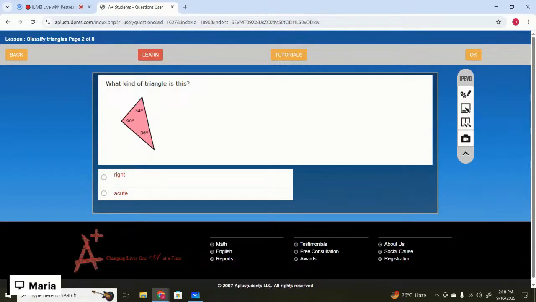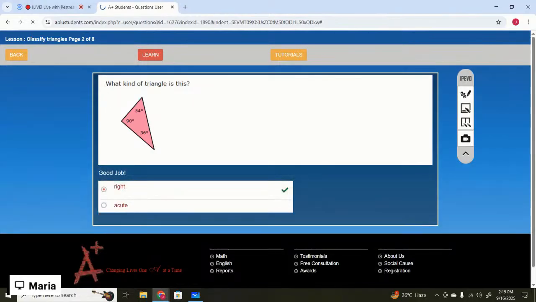Which is the correct option? Right angle triangle it is. One of the angles measures exactly 90 degrees, so right angle triangle it is.